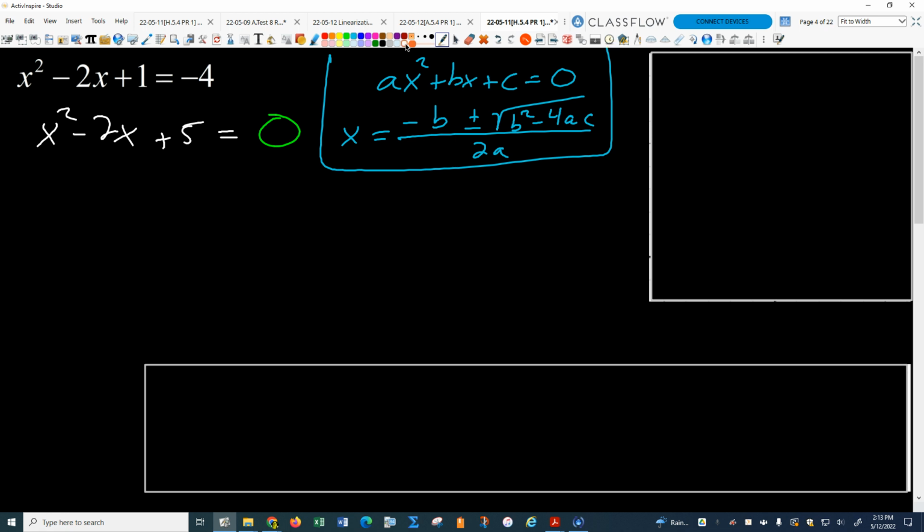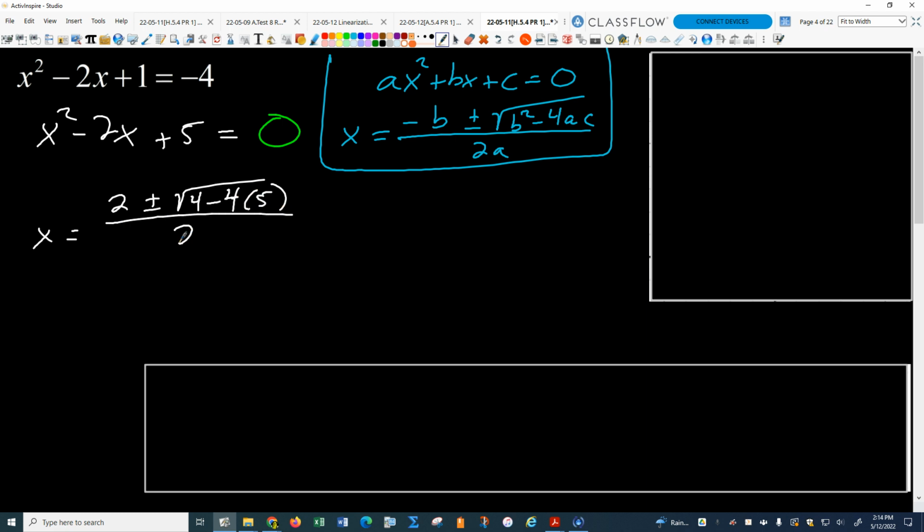So then if I'm going to apply the quadratic formula, I'm going to get -b, which is what then? 2 plus or minus the square root of what? 4. -2 squared is 4, right? 4 minus 4 times what? Times 1 times 5.